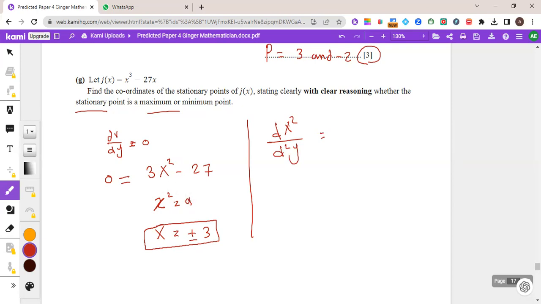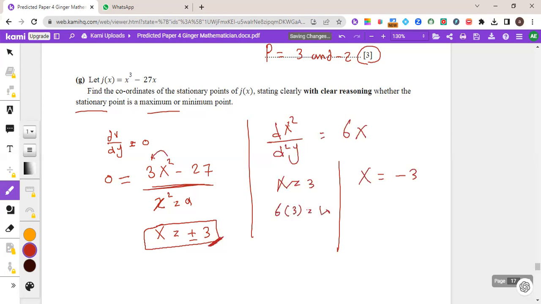Differentiate this one again, which is 6x. Now, after you get this one, what should I do? We will use the value of x, the positive one and the negative one, when x is 3 and when x is negative 3. When x is 3, it is 18. When x is negative 3, it is negative 18.